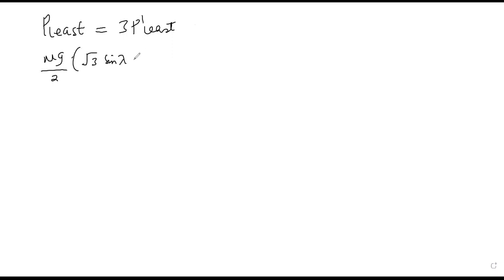So for this case, since we know that what we got at first is 3 times what we've gotten, then it means that what we got at first, which was mg over 2 or a half mg root 3 sine lambda plus cos lambda, is equal to what you've just gotten times 3.